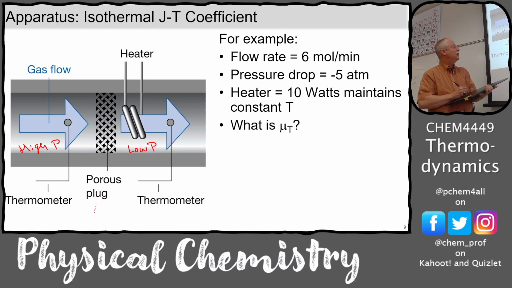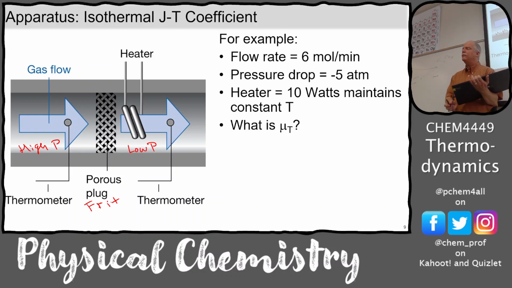We have this porous plug called a frit. You've seen fritted glass, perhaps. Did y'all ever do any experiments where you did the filtration in a vacuum flask and you had the clear glass crucible with a white disc in the bottom? And have y'all used Buchner funnels with paper?